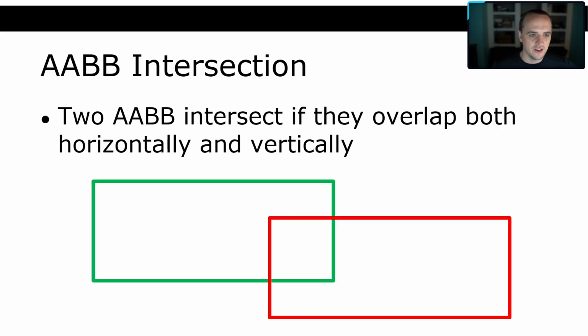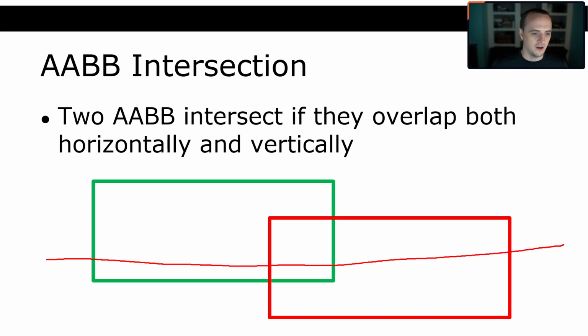So the correct answer is there's an intersection if both objects overlap horizontally and vertically. If we have horizontal overlap, that means I can draw a horizontal line that goes through both. And if there's a vertical overlap, I can draw a vertical line that goes through both of them.